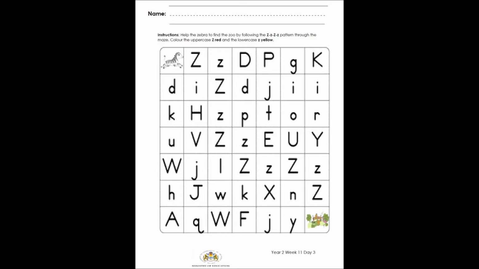So you're going to help the zebra find the zoo by following the Z pattern through the maze. Okay, boys and girls? When you finish, you color uppercase Z in red and lowercase z in yellow. So that is it for phonics today. Enjoy your day. Okay, boys and girls?